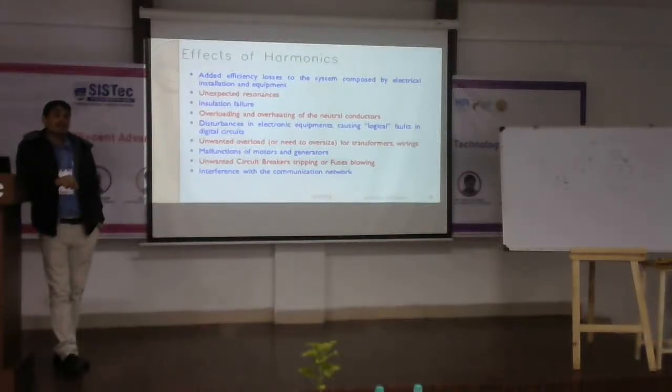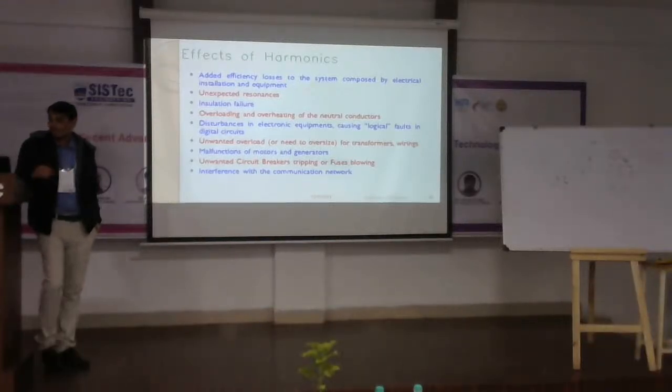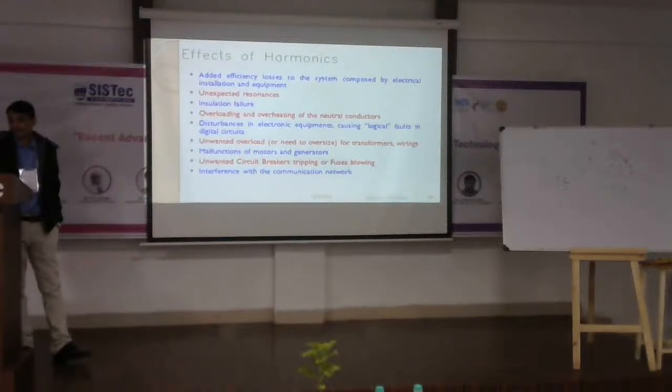When harmonics are introduced in the power, distortion will be there, so the frequency will vary. Frequency varying will create a problem or interference in the communication system when it is near the power lines.